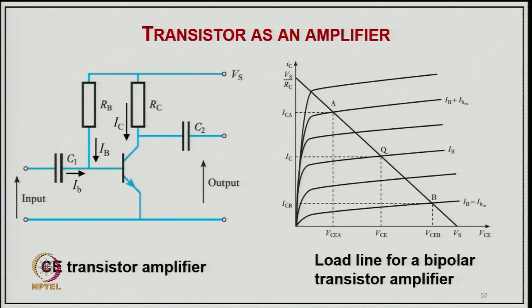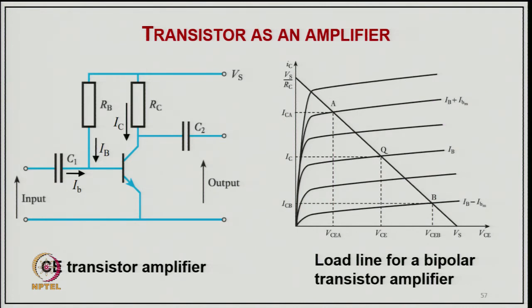So you get the AC voltage, but the reactance of these capacitors for the input signal at the corresponding frequency is almost negligible. This is the collector current corresponding to the net AC and DC current, and this corresponds to the voltage drop VCE.